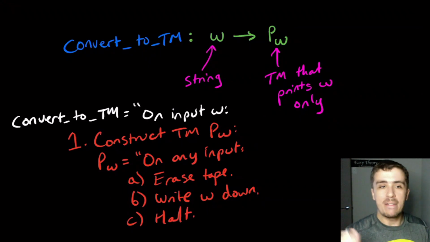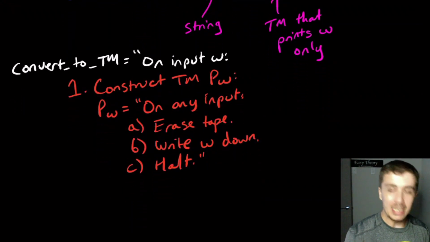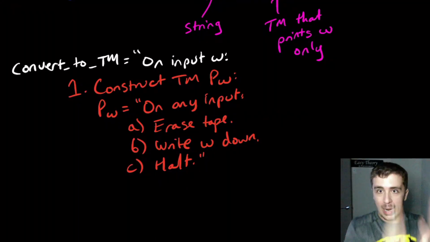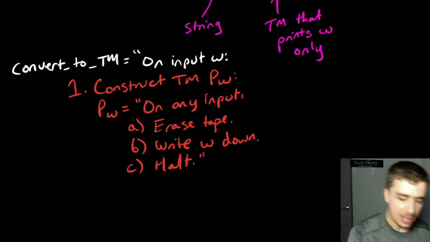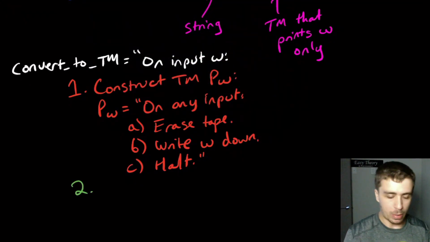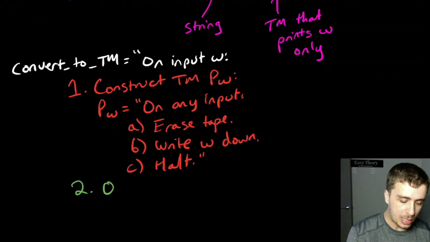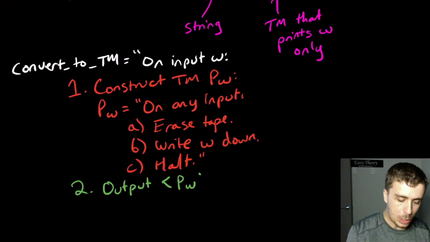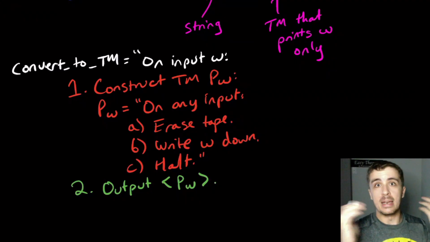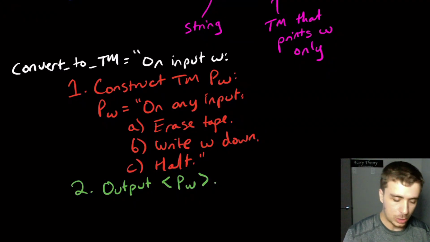So it's a very, very simple machine. All it does is erase the tape, write the string down, and stop immediately. And then obviously the convert function, or the machine, or whatever you want to think of it as, is just going to output that particular machine, so the encoding of that machine in whatever encoding scheme that we wish.